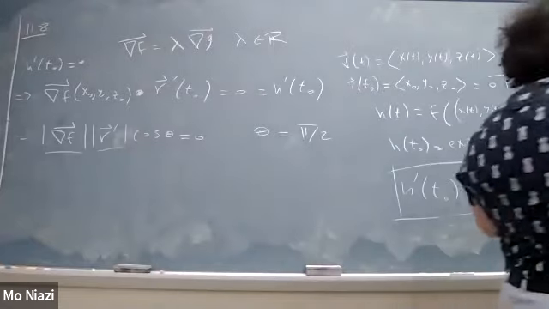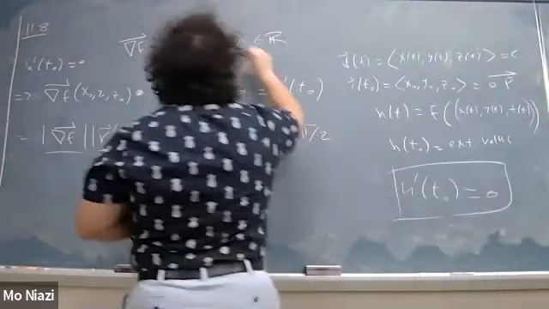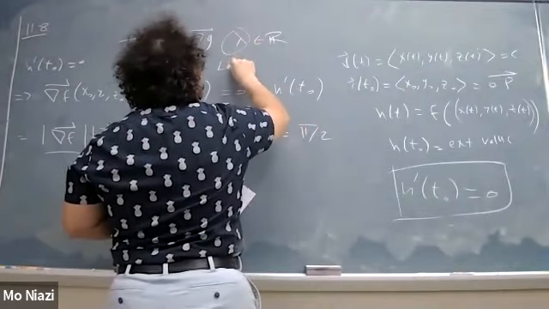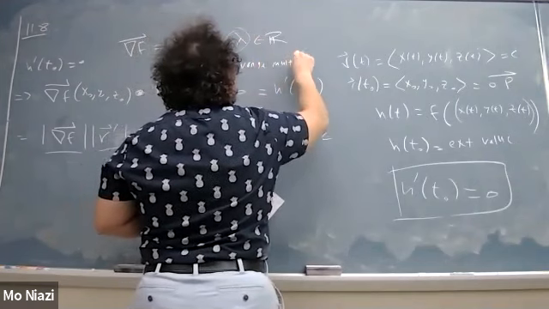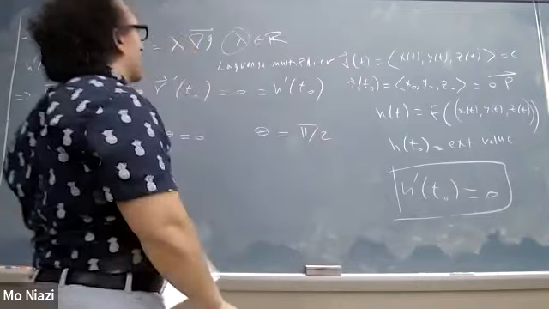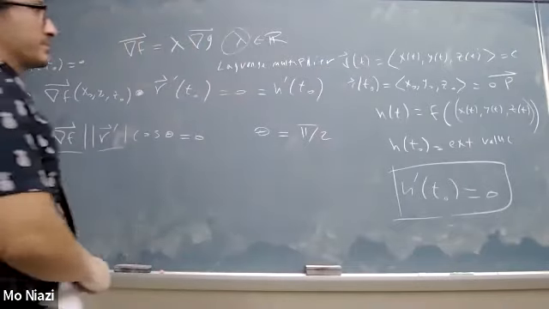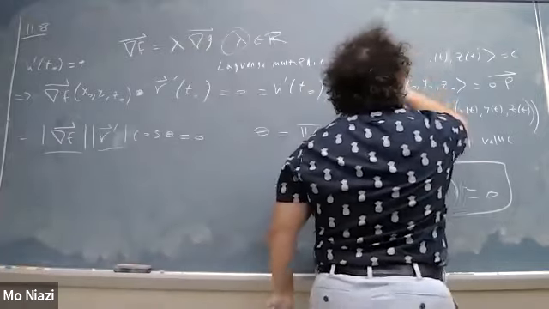Okay? So this lambda over here is called the Lagrange multiplier, because you multiply it times a function. And it tells you how to optimize given this constraint.